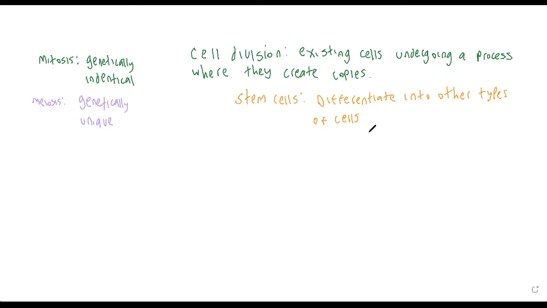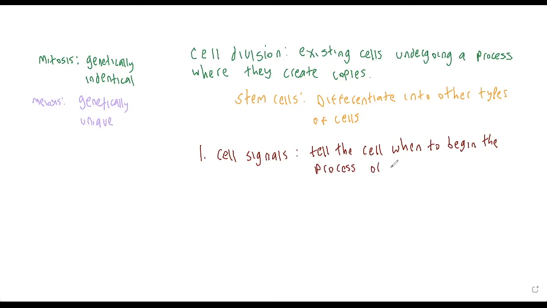blood cells. So anyways, there are certain components of cell division, and one is cell signals. We'll be talking about these briefly. What cell signals do is tell the cell when to begin the process of mitosis.